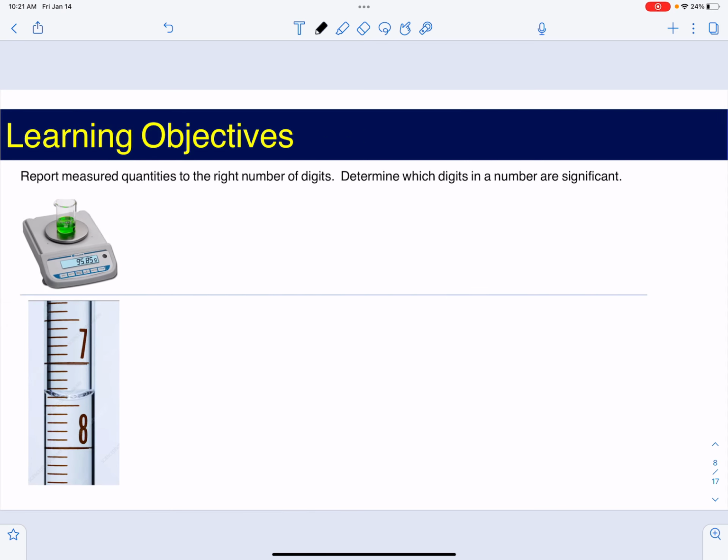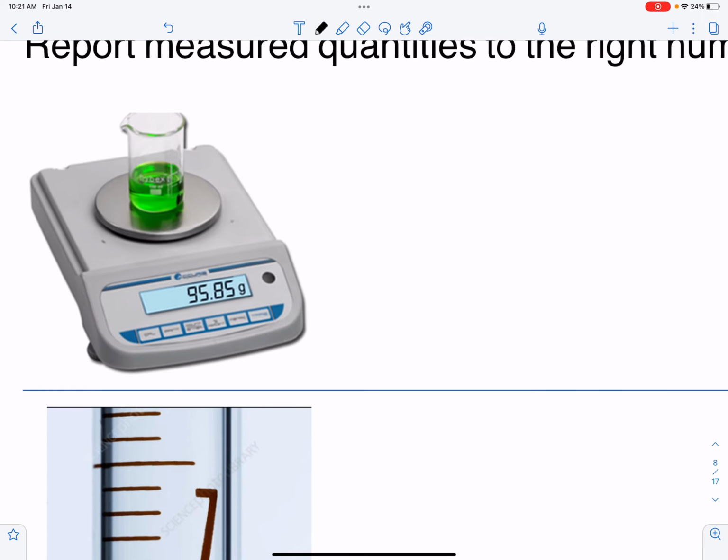So what's going to be the learning objective with measure numbers? We're going to report measured quantities to the right number of digits, and we're going to determine which digits in a number are significant. So what does that mean? Well, if I'm measuring the mass of this, it's telling me that the mass is 95.85 grams. This is a digital instrument.